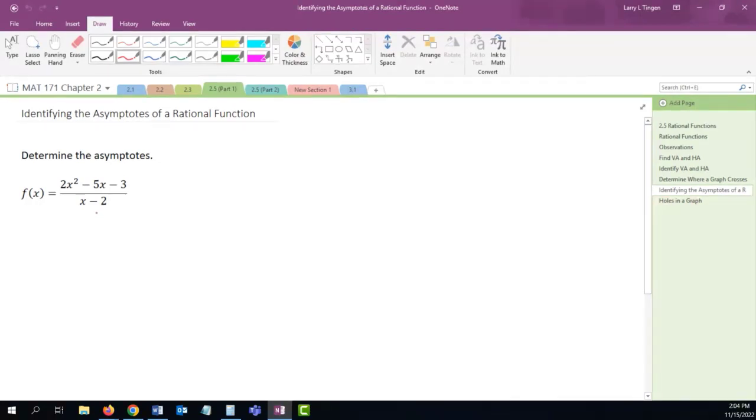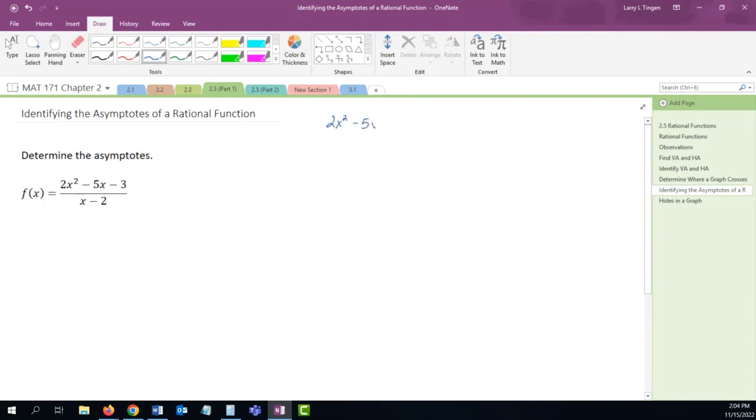Is there a vertical asymptote at x equals 2? There is, as long as the numerator does not simplify or does not factor into something with an x minus 2. So let's find out, what does that numerator factor into, if it factors into anything.